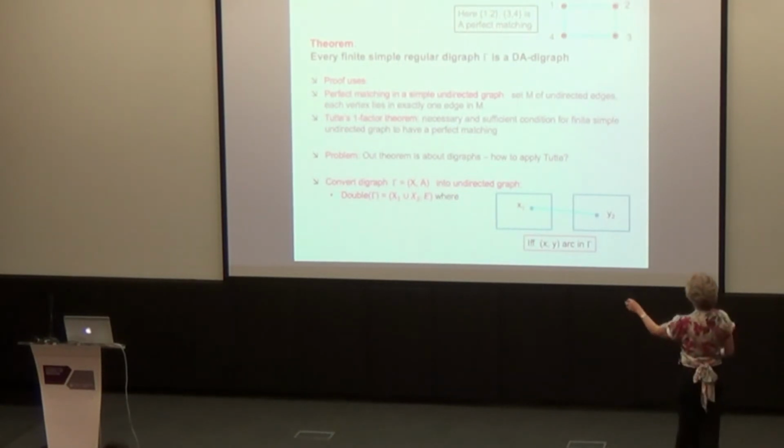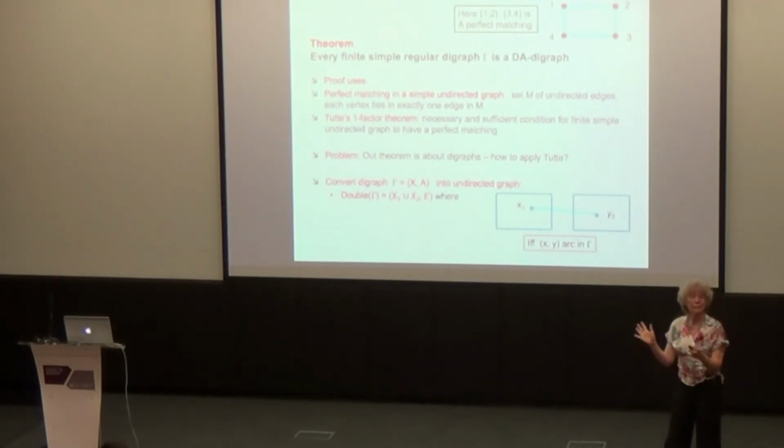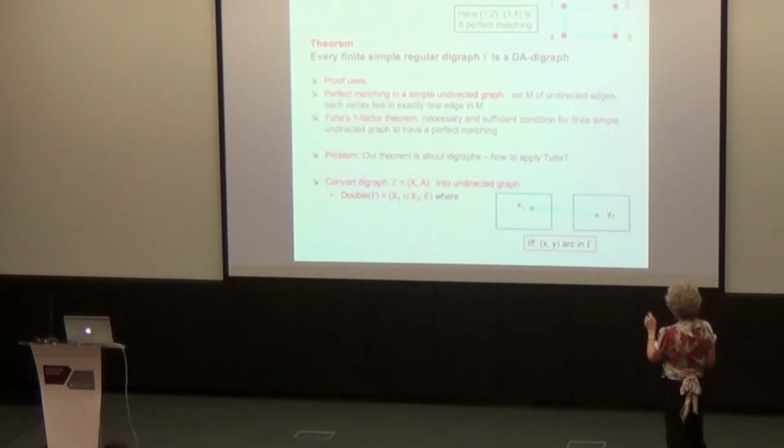For this digraph, we take 2 copies of X, subscript 1 here, subscript 2 over there, and whenever we have an arc, a directed edge from X to Y in our original graph gamma, we put an edge from X1 to Y2 in our double. Okay, that's our doubled graph. So what do we do?